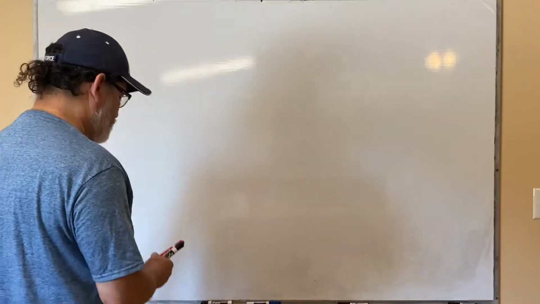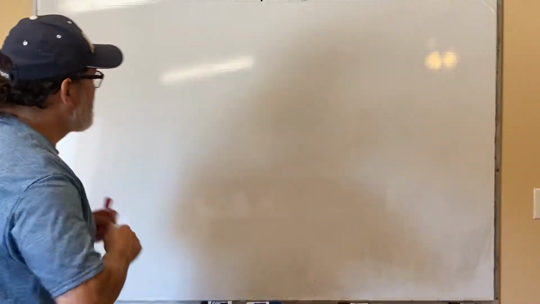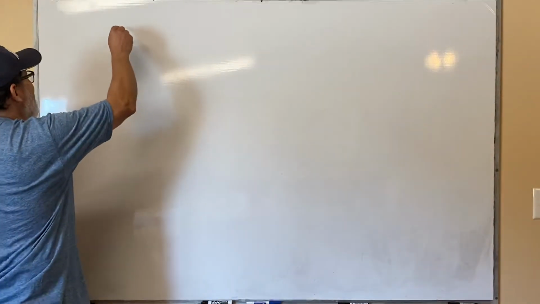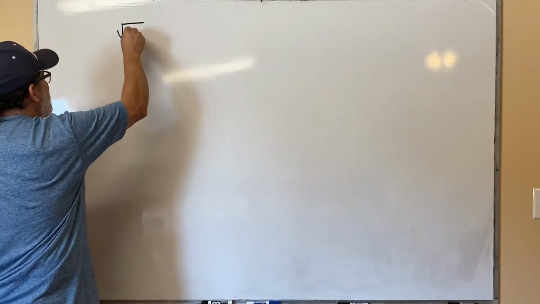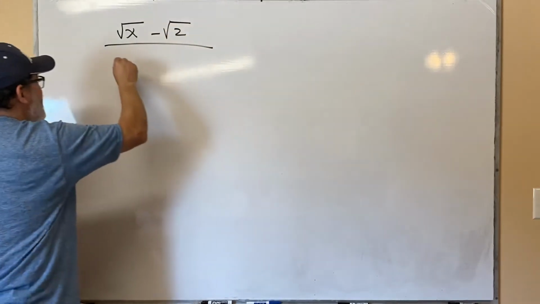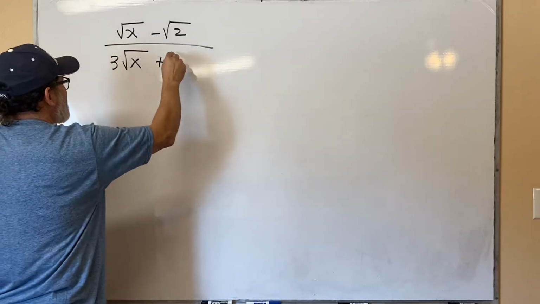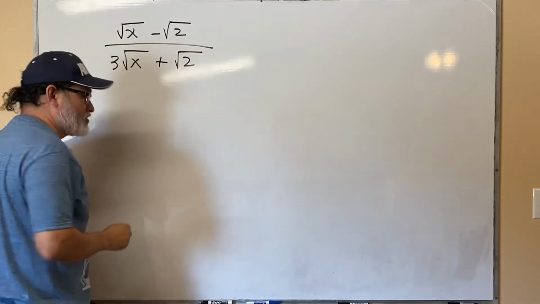So, here, let's say the square root of x minus the square root of 2 divided by 3 times the square root of x plus the square root of 2.